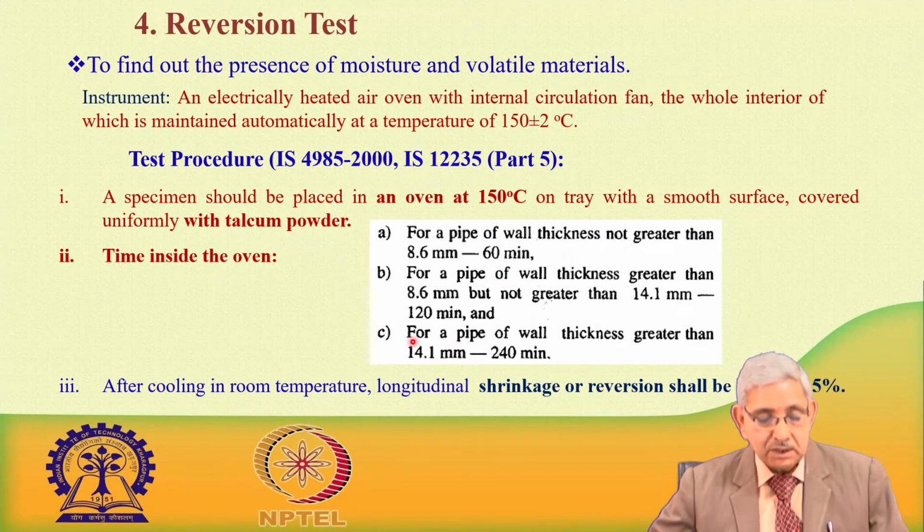These are the values prescribed for different wall thicknesses of the material, to find out how much moisture and smoothness is available in the pipeline.